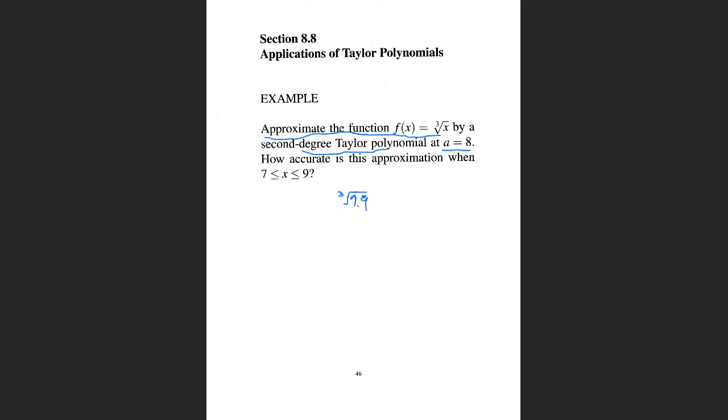Well, how many of you have wondered, gee, how does the calculator get that answer? How many of you are sort of curious about that? The calculator gives an answer for the cube root of 7.9. How does it get that answer? Okay, do we have any computer science majors in here?